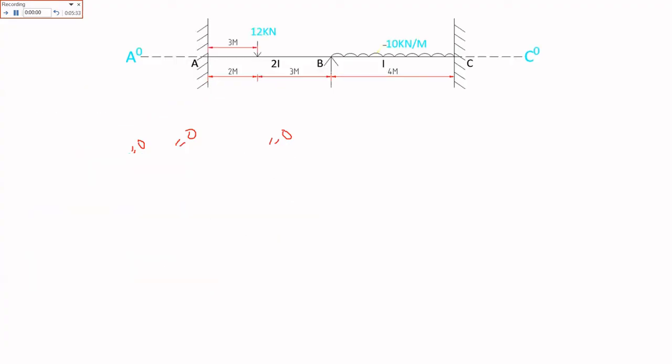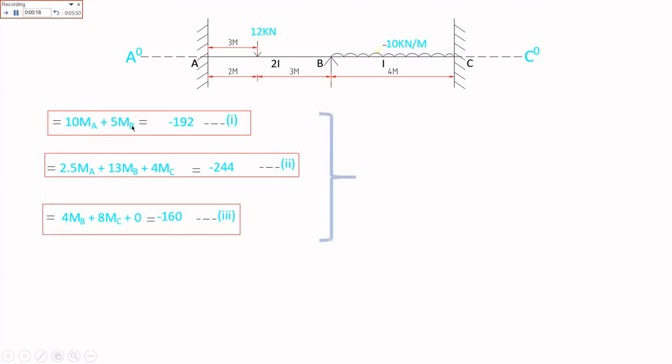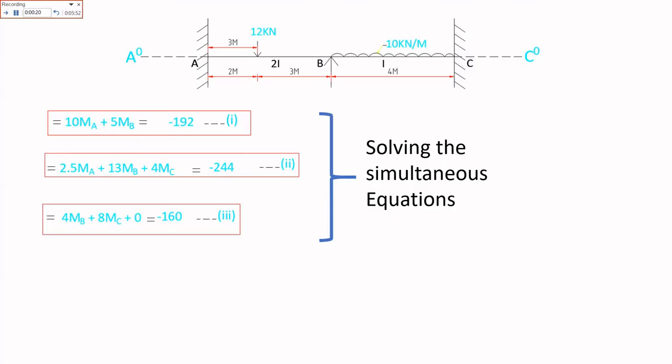Let me wrap this. You have the three equations. You need to solve these three equations and get the values of MA, MB and MC.